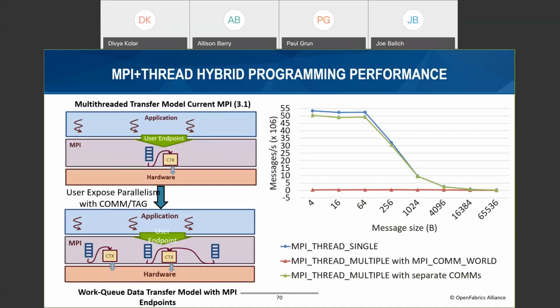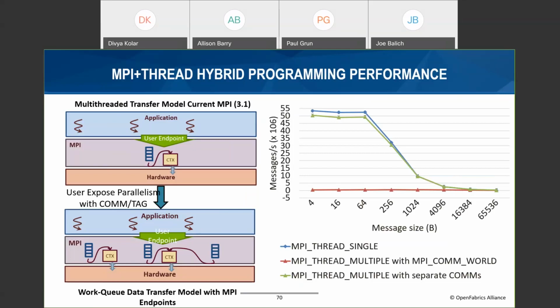It's still one endpoint, but if the threads are using different communicators for messaging, then, looking at the figure on the right-hand side, we're able to get performance close to MPI single-threaded, which is the blue line here. If you look at the blue and green lines, these are the single-threaded version and the multi-threaded version with separate communicators. As you can see, the performance is very close.